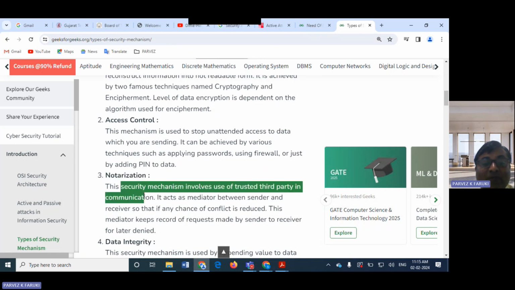Notarize means someone who is an authority tells the system that this individual has been verified. So notarization in a way is a kind of security certificate that even the servers need to take.